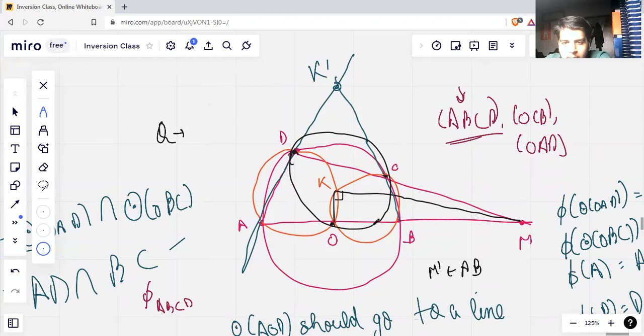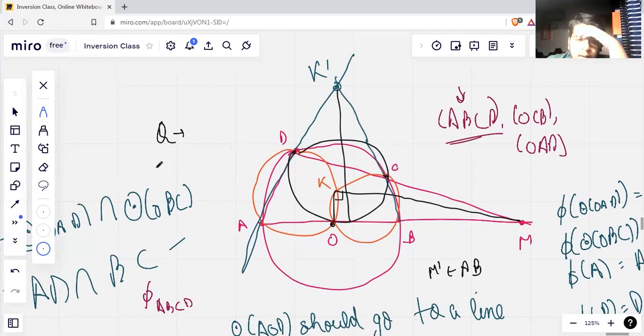This point should be M dash. Just bear with the circle, however it looks. This is what happens in freehand, and you should get used to it.